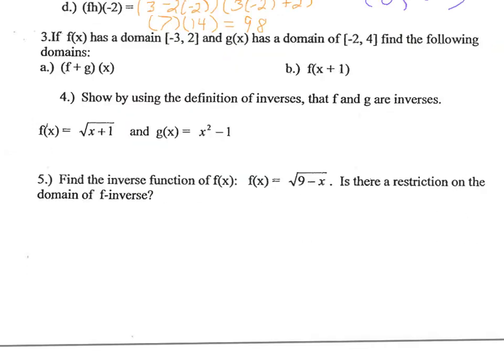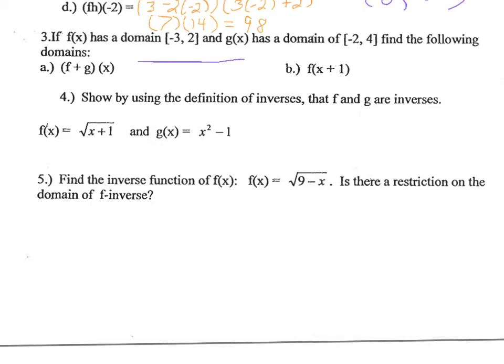For number 3, if f of x has a domain between negative 3 and 2, and g of x has a domain between negative 2 and 4, find the following domains. Well, we know that if we take two functions and combine them in any way, adding, subtracting, multiplying, or dividing, the domain of the combination function is the intersection of the domains of the two functions.